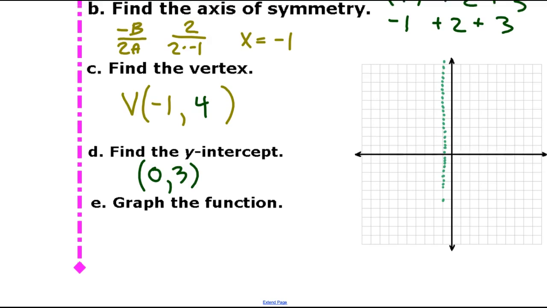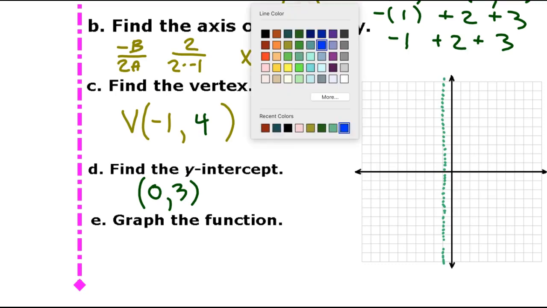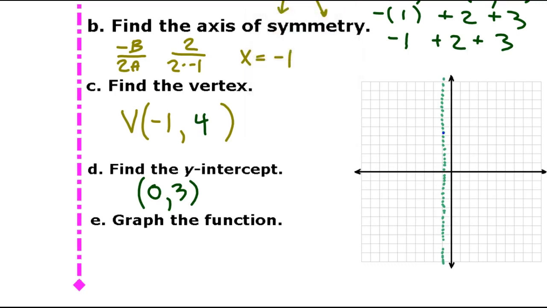Okay, where on that line is my vertex located? Negative 1, 4. It's going to be up here. My y-intercept is at (0, 3), so that's going to be right there.